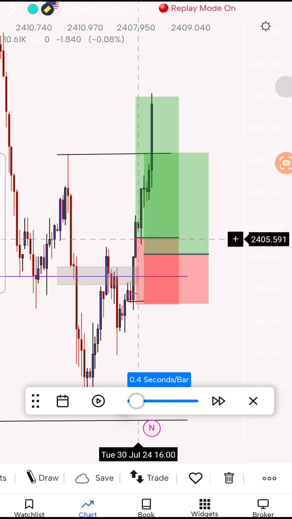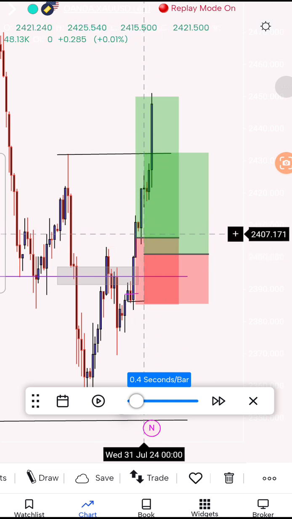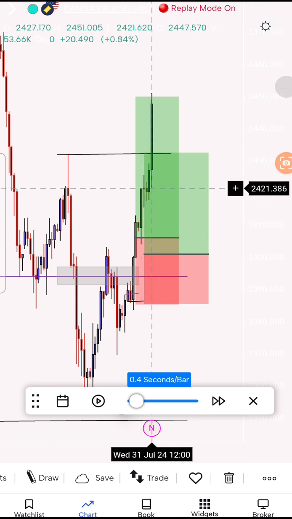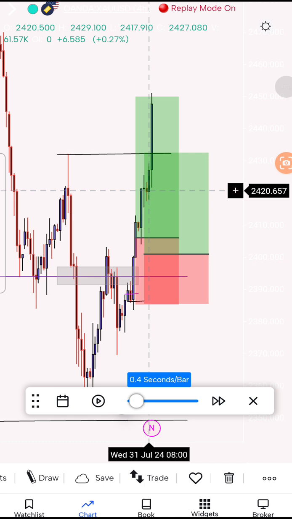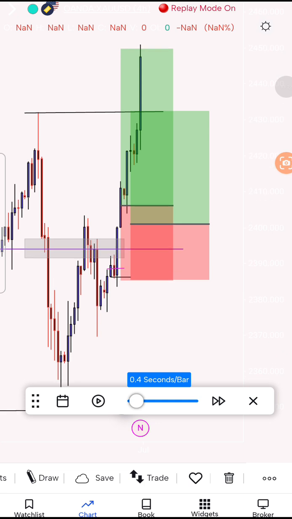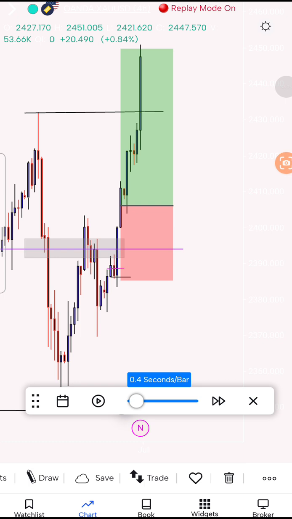So at this point we entered the market with the next candle consolidated, then we expanded higher, and I think our TP was met as of Wednesday, right?